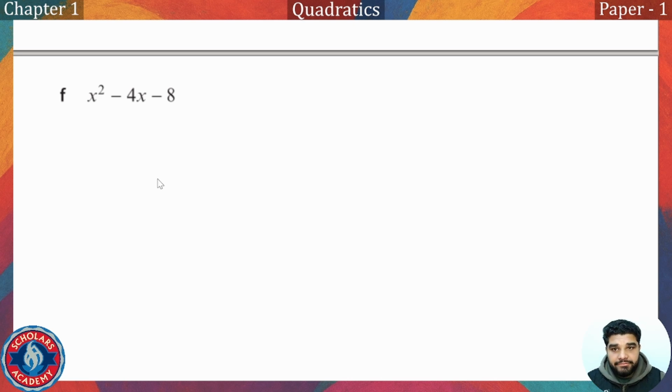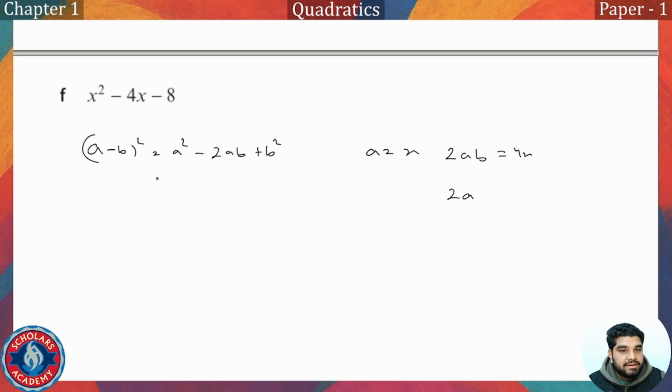Okay, f part. So almost same things. We have negative over here. So for negative, we'll take (a - b) whole square is equal to a square minus 2ab plus b square, right? So we get now a as x, 2ab as 4x.